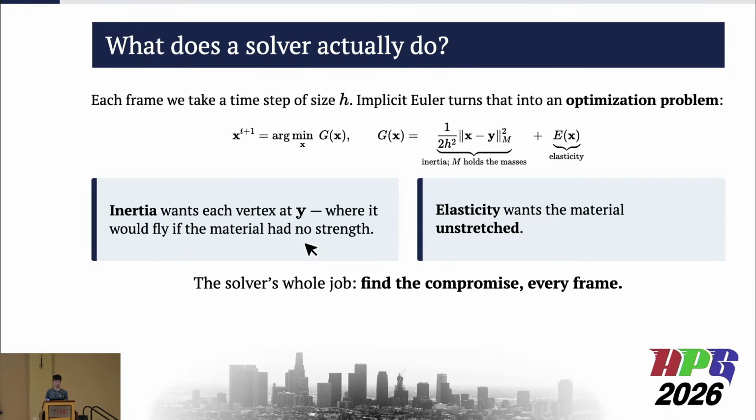Inertia just wants to keep the momentum and move with gravity. The elasticity wants to preserve the object's shape and volume by elastic energy. The solver tries to minimize this global energy at each time step.